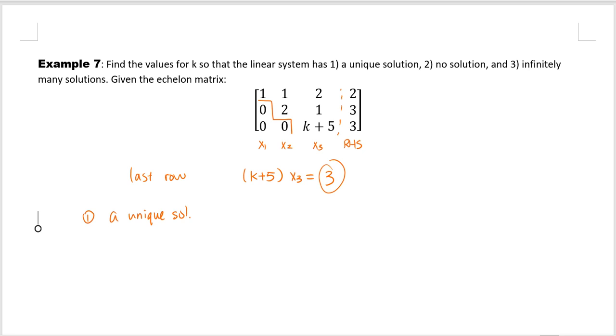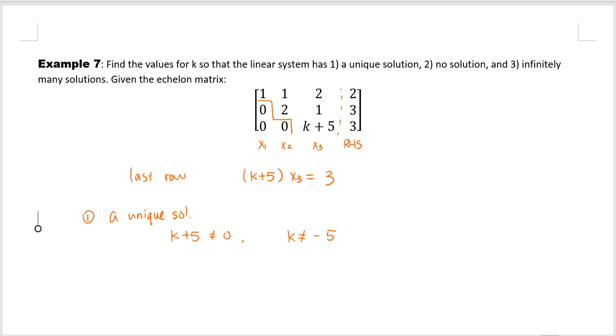It does not matter, because it would just affect the value of x3. But in any case, we still have a unique solution. So a unique solution when the coefficient of x3 is not 0. So we have k is not -5.